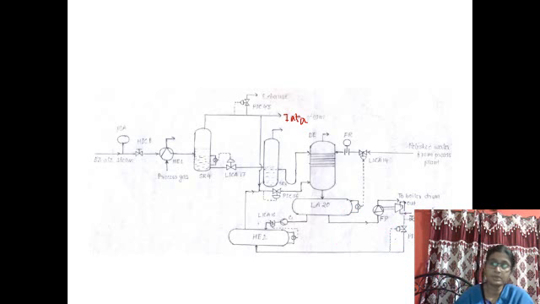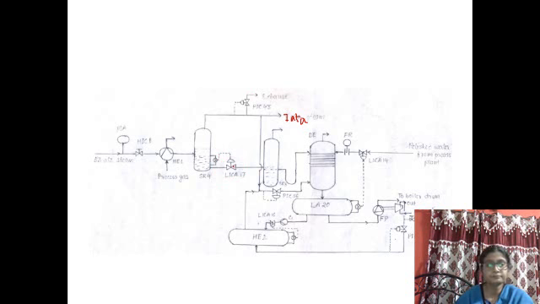So all these are either level control or pressure control loops. So you should design the different control loops. That means what type of controller and what type of valves should be used for this control system.